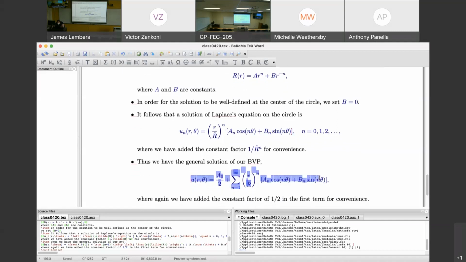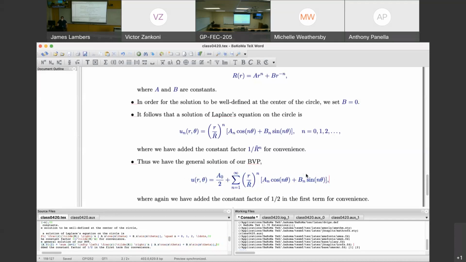So keep this in mind for your homework or a test. When you're given an interior Dirichlet problem, like I stated at the beginning, you can jump directly to this solution formula. You know your solution is going to be in this form.